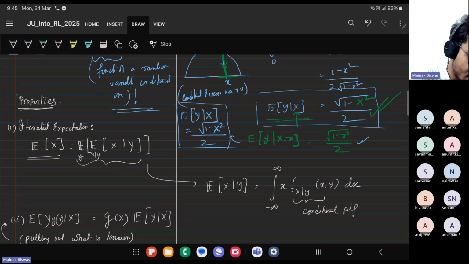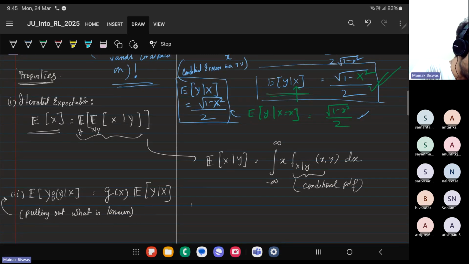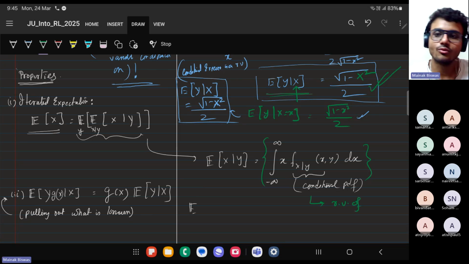I'm assuming it exists, but yeah, fine. So now I tell you, this has to be a function of, this is a random variable of which random variable? This is the function of which random variable? Can you tell me?